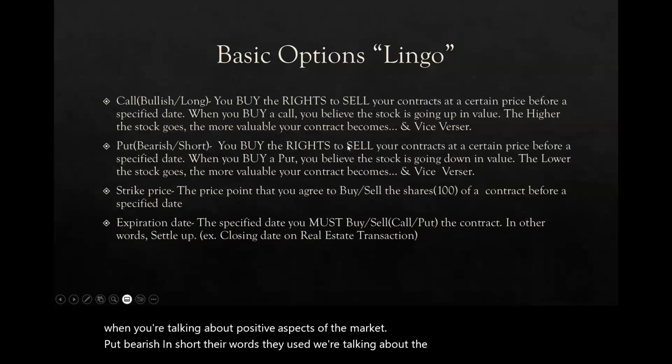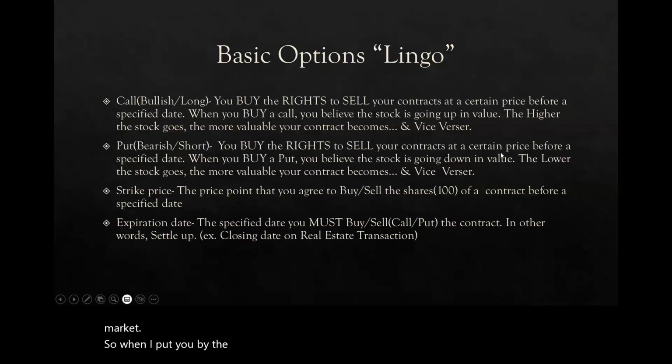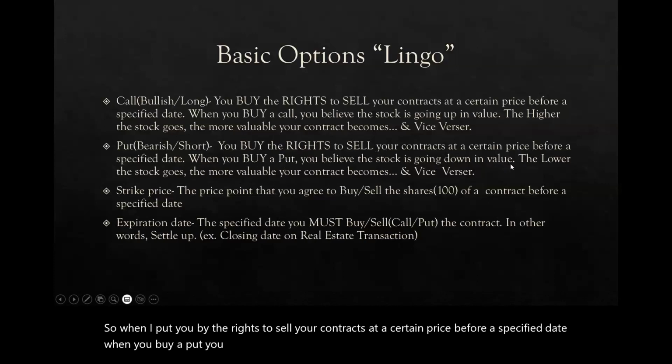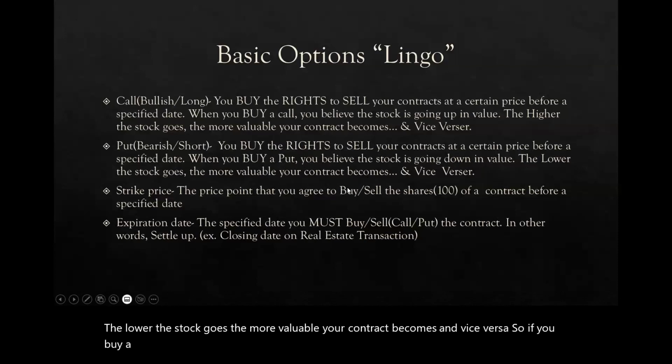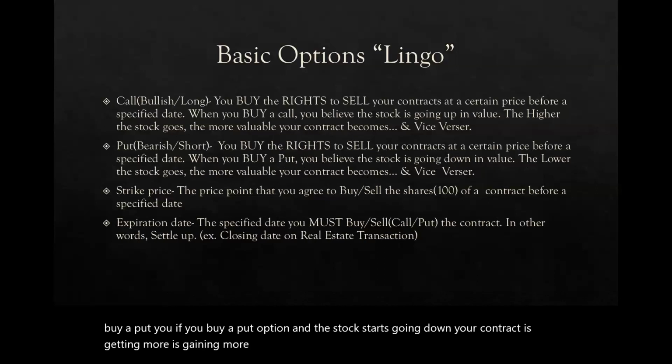So on a put, you buy the rights to sell your contracts at a certain price before a specified date. When you buy a put, you believe the stock is going down in value. The lower the stock goes, the more valuable your contract becomes, and vice versa. So if you buy a put option and the stock starts going down, your contract is gaining more value. You're making money.